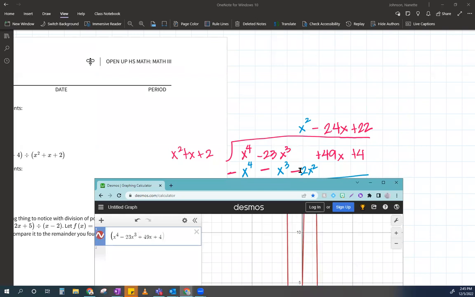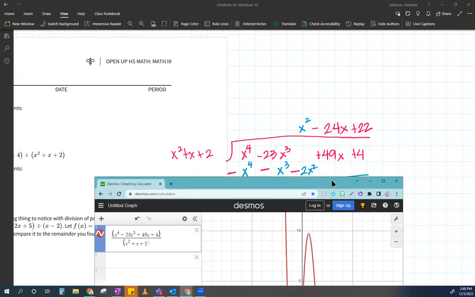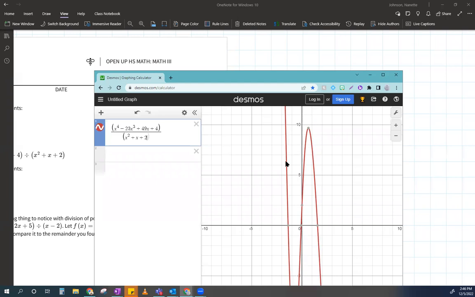Let's see if I typed that correctly. Yes. Okay. And then divide that by, putting it in parentheses, x squared plus x plus 2.